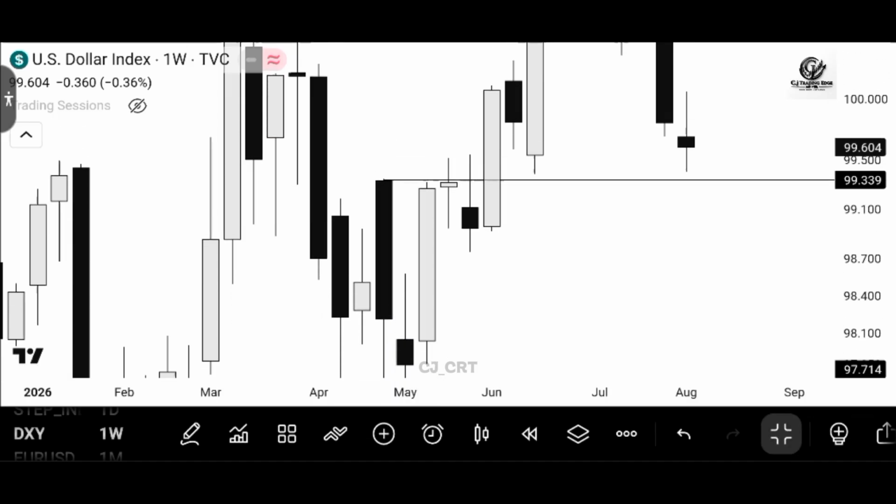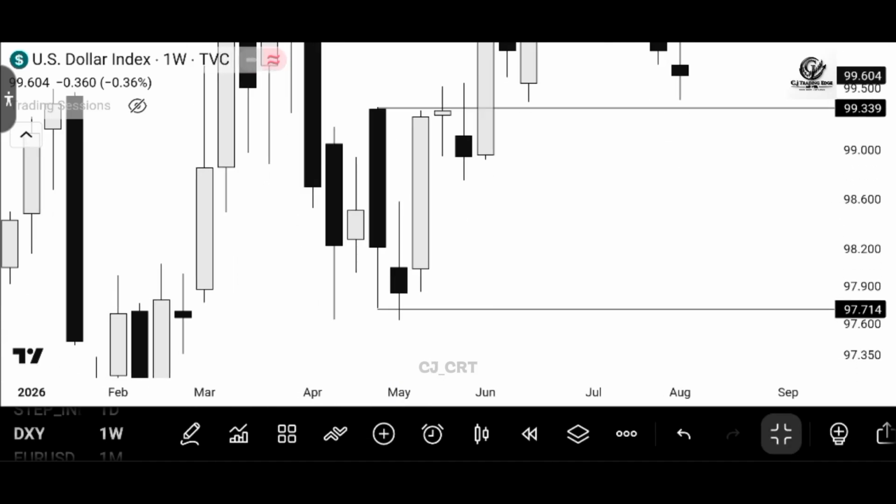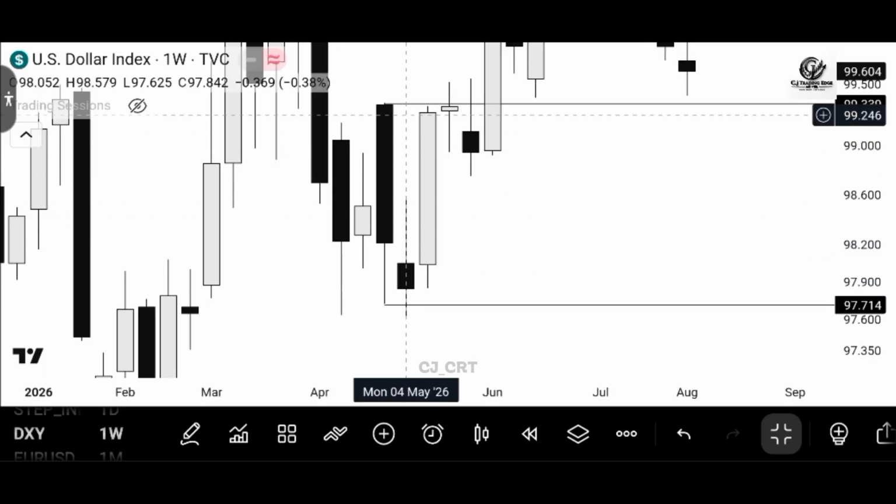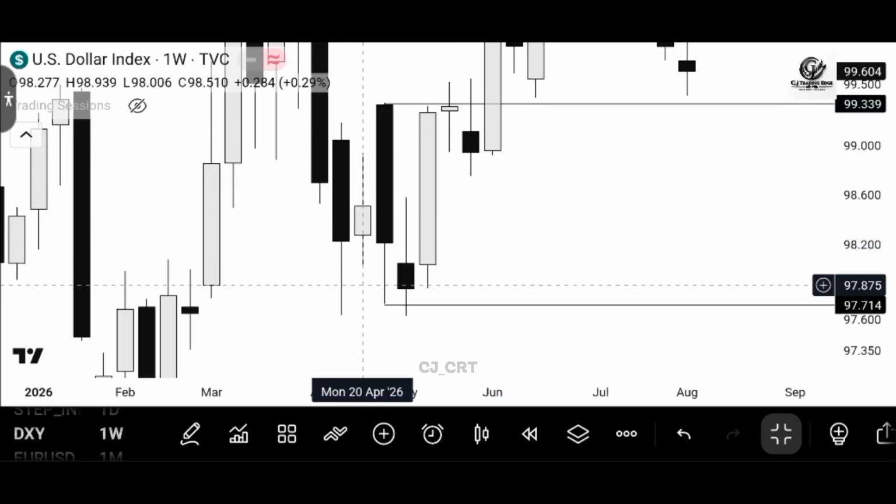So now, if you want to identify the bias of the week, where market is likely to reach as a CRT trader, why am I making use of this particular candle or this particular setup?